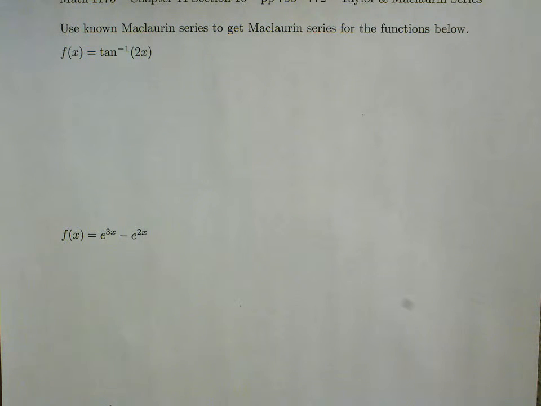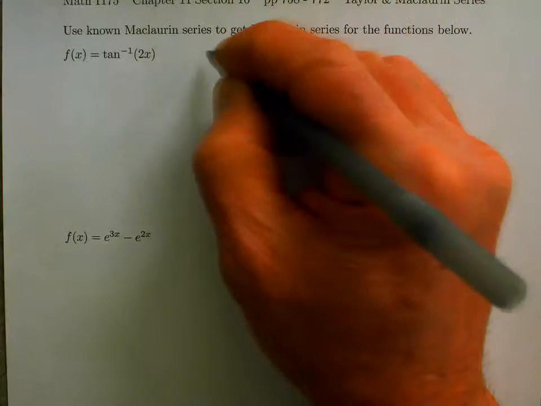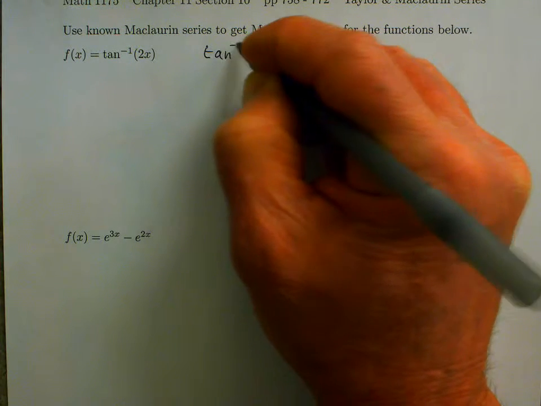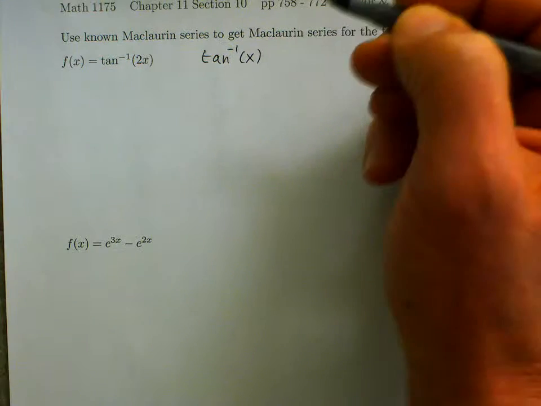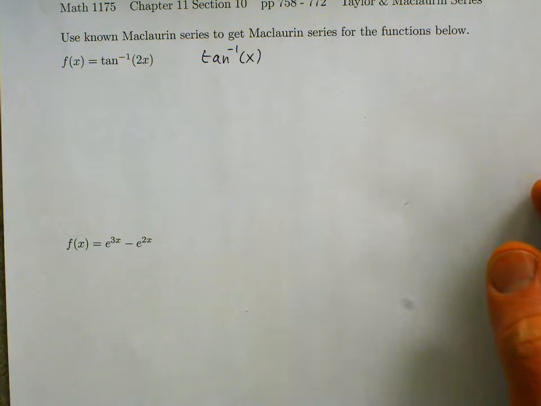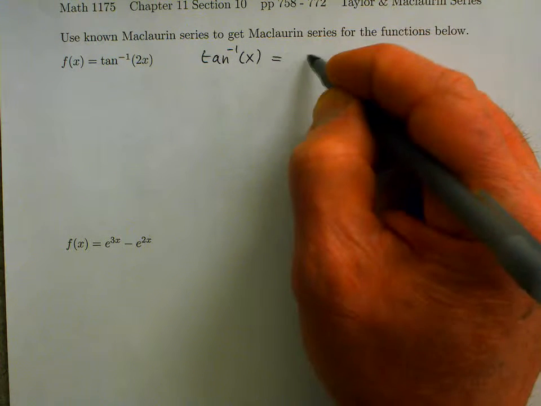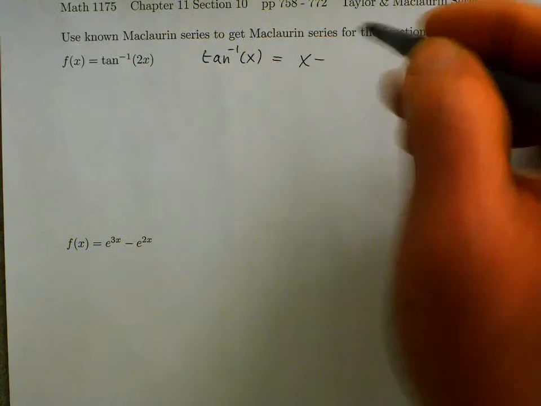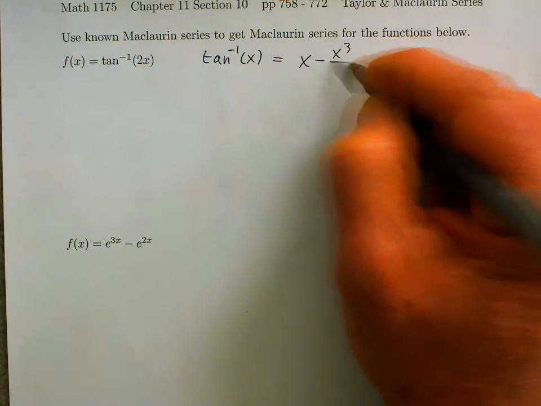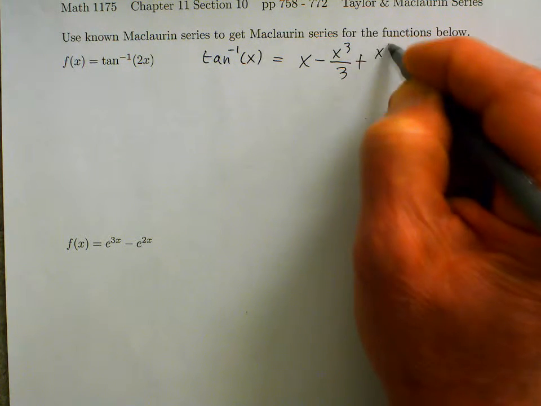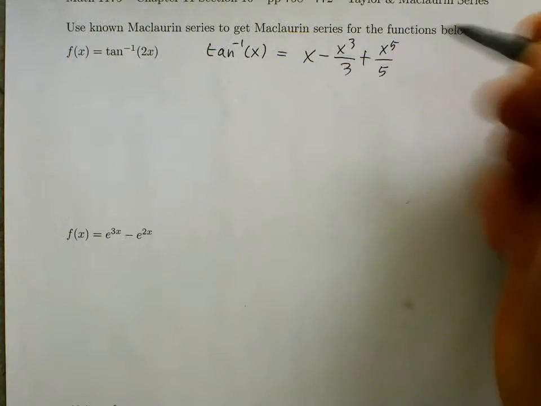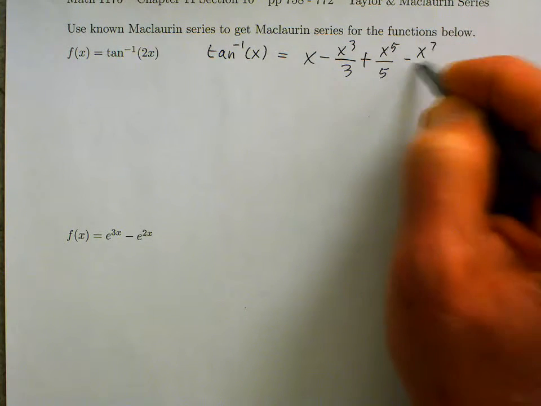So if we refer to our piece of paper that we had earlier, on the first page, the Maclaurin series for inverse tangent of x is x minus x to the third over 3 plus x to the fifth over 5 minus x to the 7th over 7, and so on.